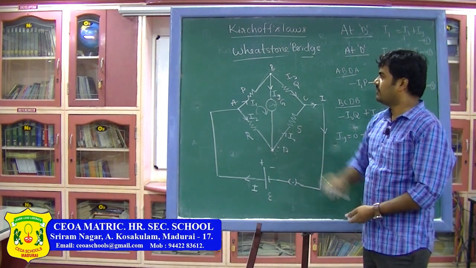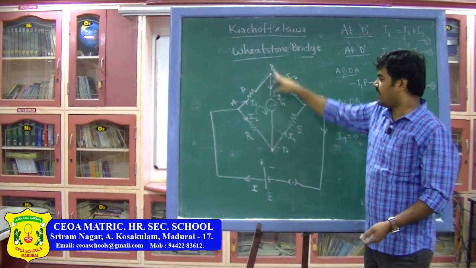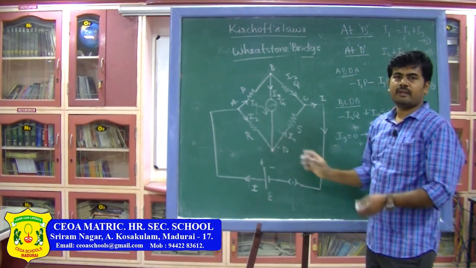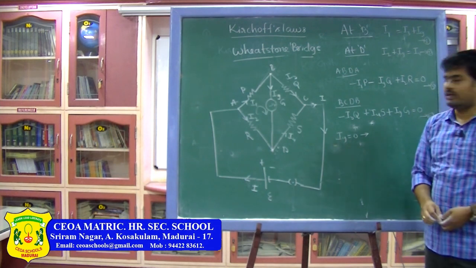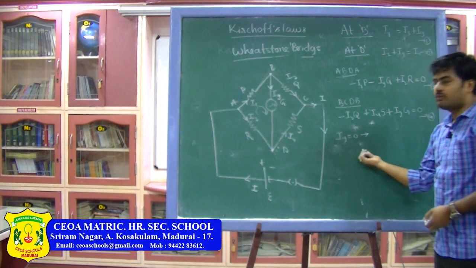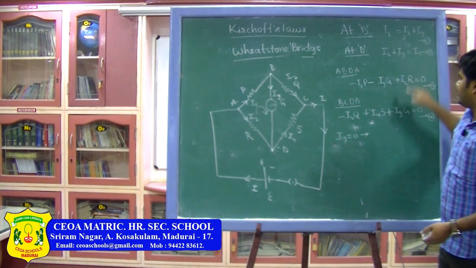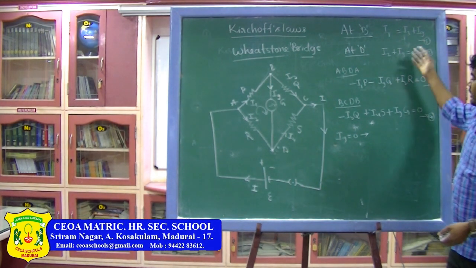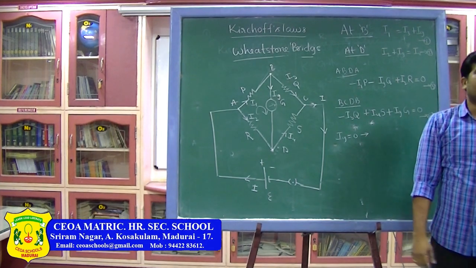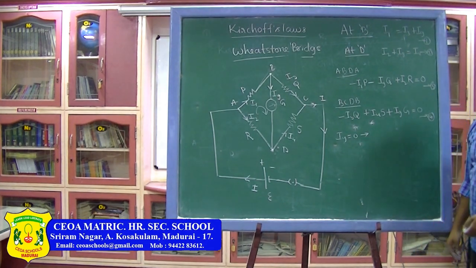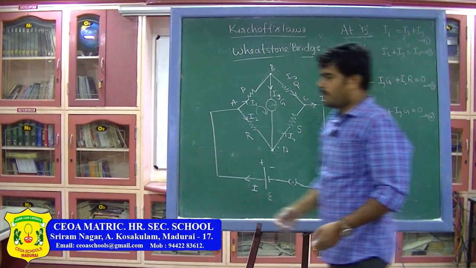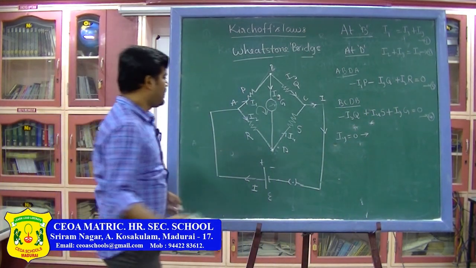The values will be adjusted such that the Ig value will be 0, then we can say the Wheatstone bridge is balanced. Now, let us use this condition Ig equal to 0. Substitute the value in each equation that we obtained so far, then you can find the final condition for balancing the Wheatstone bridge network. Now, let us see further.